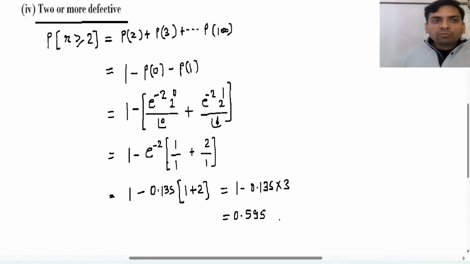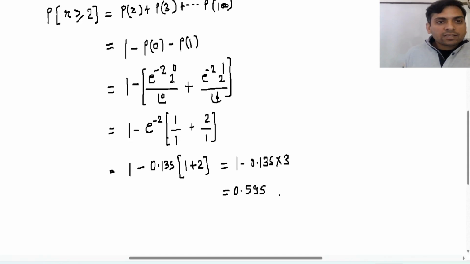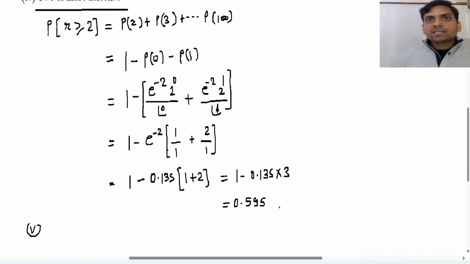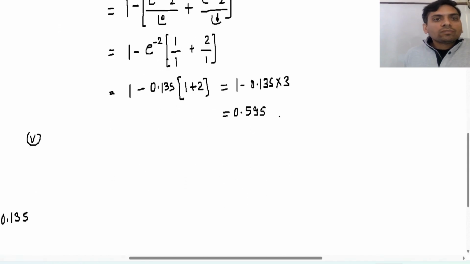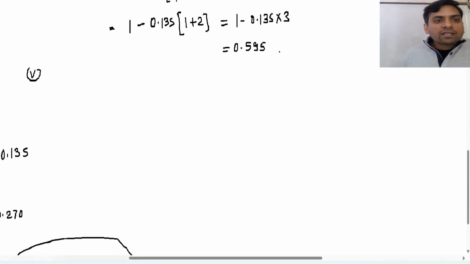Now we can solve one more case. I have not written this case. So one more case: at most. In the previous case, this was at least 2 or at least 1. Now we can solve one more case, at most 2 defects. So how will you solve this at most 2 defect?